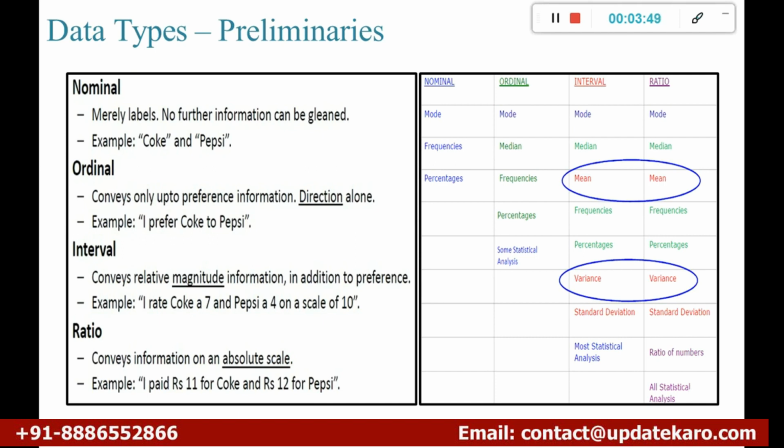When I quantify the direction, it becomes interval data. So interval data always conveys the relative magnitude information in addition to preference. So we always say, like, I like Sachin Tendulkar 80%, Brian Lara 20% when it comes to batting.